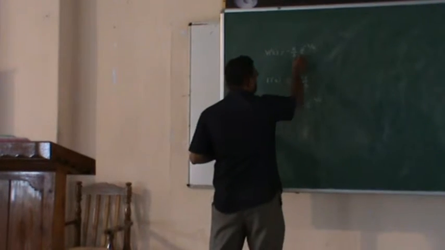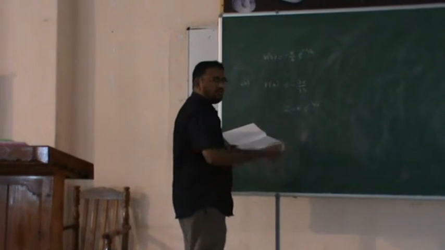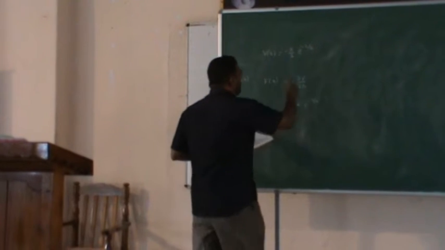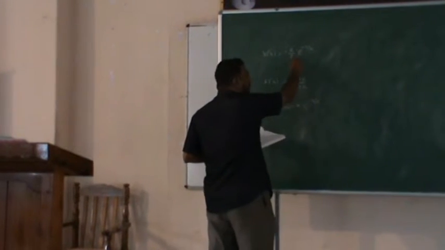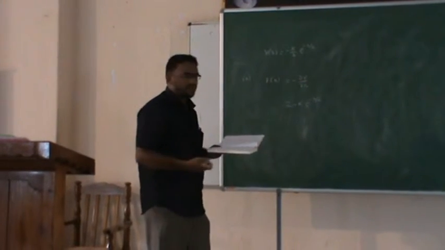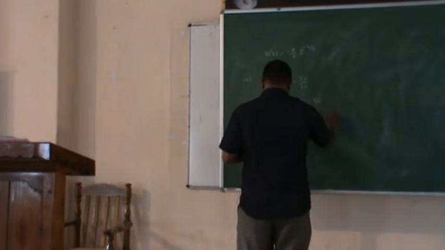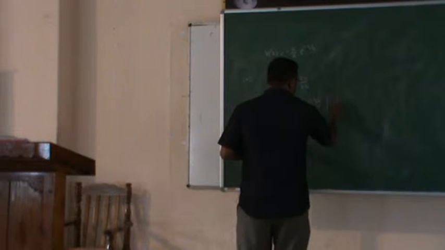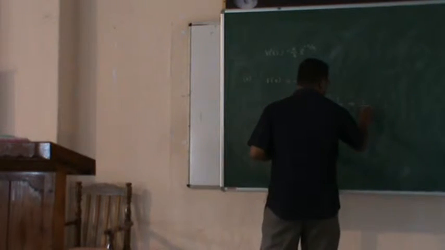First keep this, then take the derivative of this, that is -1/r². Then keep this constant and take the derivative, you will get -1/a. So if you calculate, you will get the answer: 1/r² + 1/(ar).